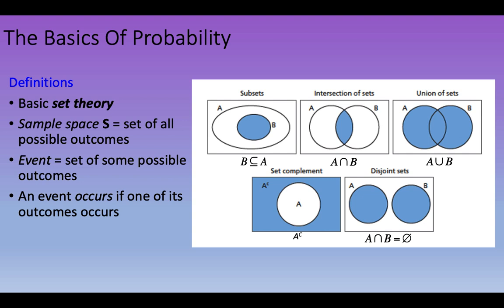Each of those proportions of space is going to represent the actual probability that we're going to calculate. So the more space, the more outcomes we observe within that S space, the higher the probability.